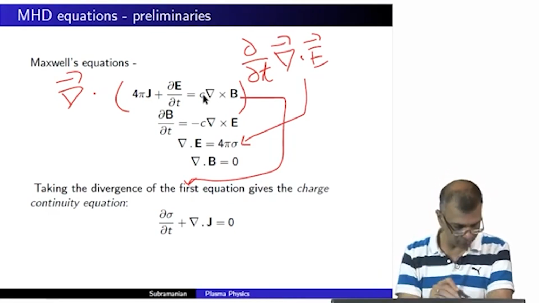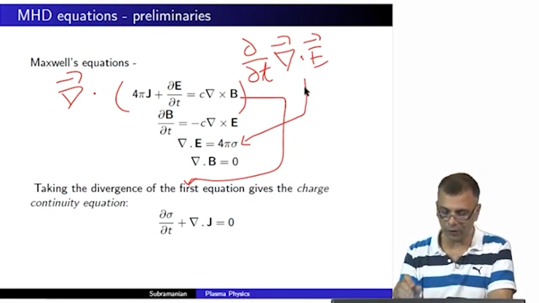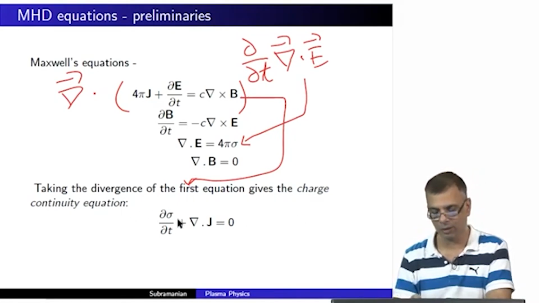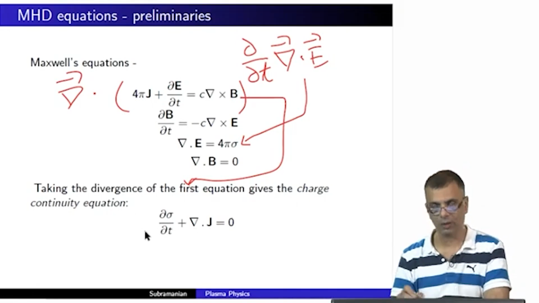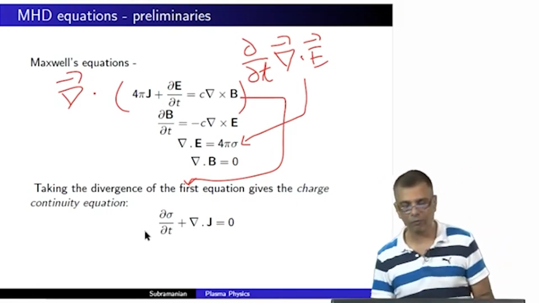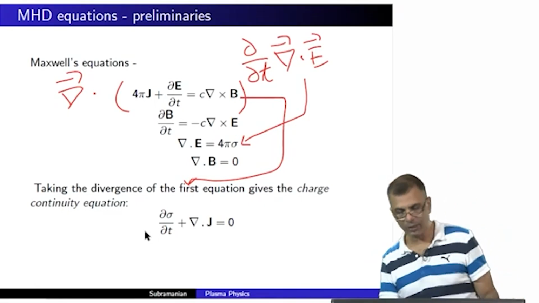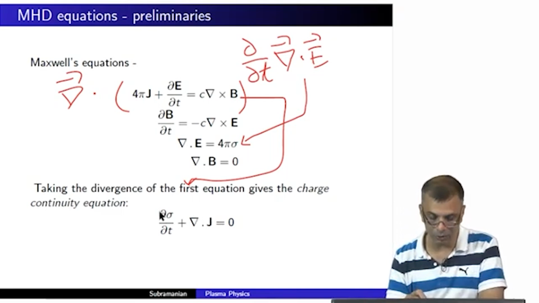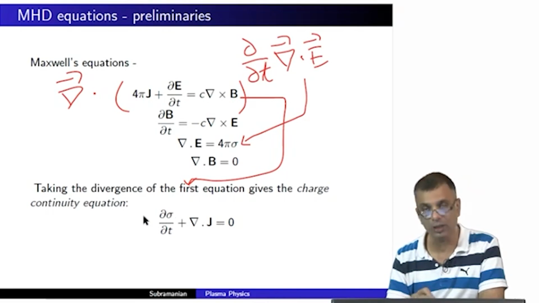So, taken together, taking the divergence of the first equation gives you what is called the charge continuity equation, which you are familiar with from basic electrodynamics. This is essentially saying that the divergence of the current density is equal to minus the time derivative of the charge density.